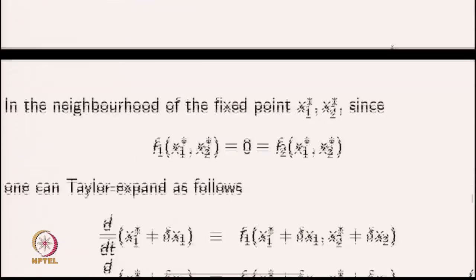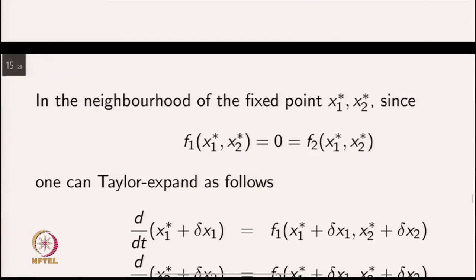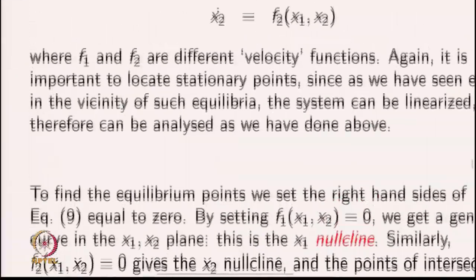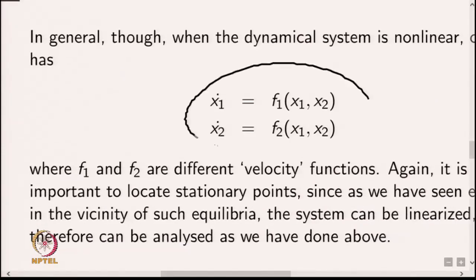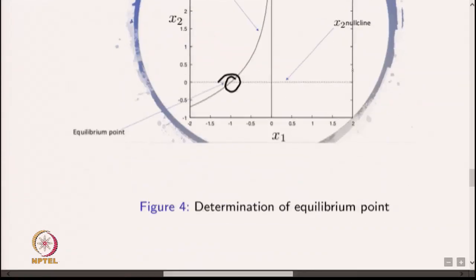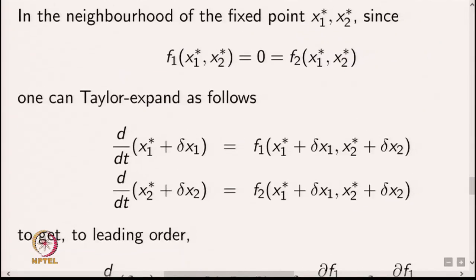What is the advantage of the equilibrium point? Now, in the neighborhood of the equilibrium point, since f1 of x1 star x2 star and f2 of x1 star x2 star are both equal to 0, you can take a Taylor expansion and try to see how one linearizes the differential equation around this particular fixed point.